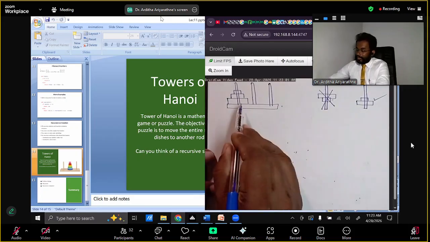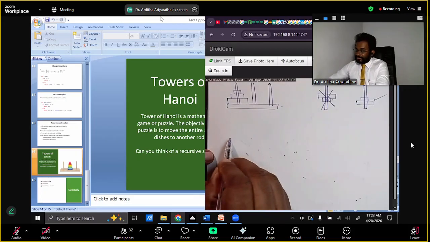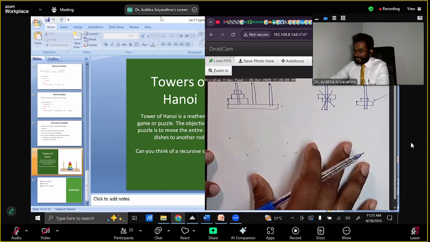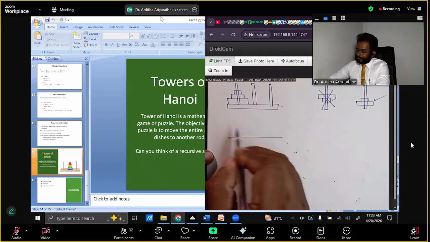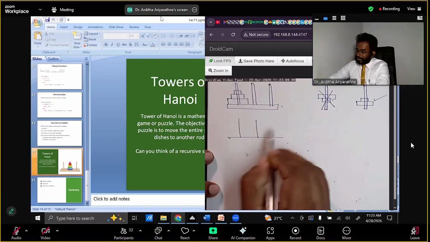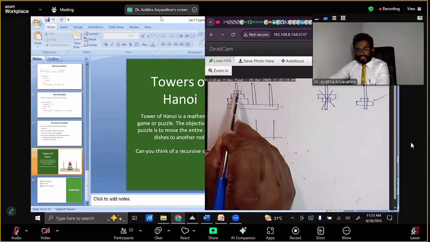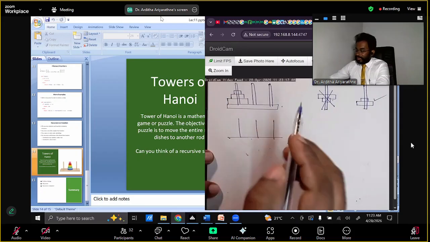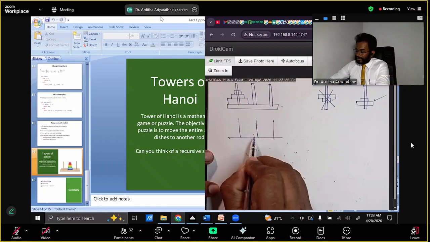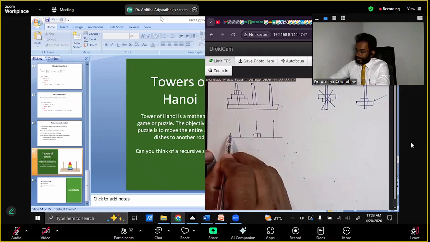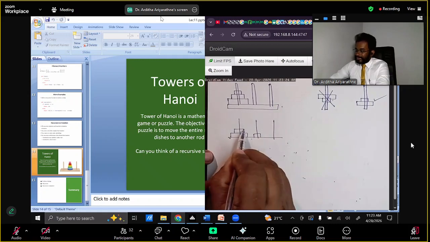Now in the next level, I am drawing this very basically. These are the 3 poles. I am taking the very small disc to another pole like this, and the other 2 large discs are available here.